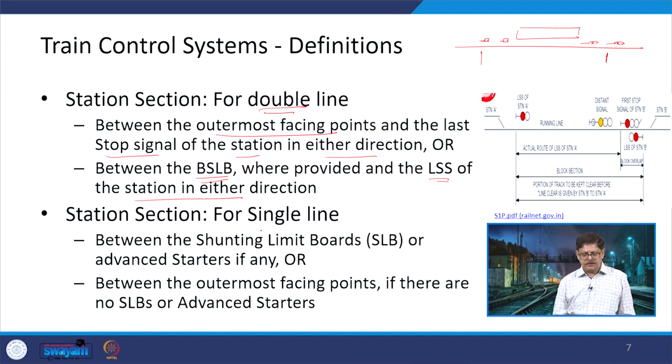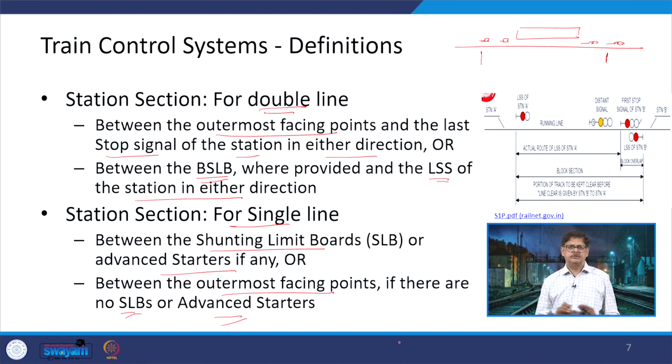In the case of a single line, it can be between the shunting limit board, that is SLB, or the advanced starter if any, or between the outermost facing points if there are no SLBs or advanced starters. So, there are different ways in which we can identify the station section.